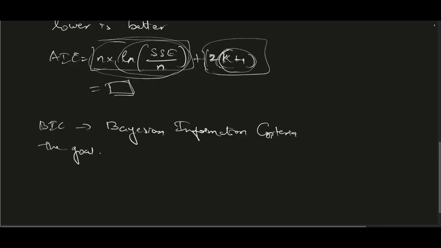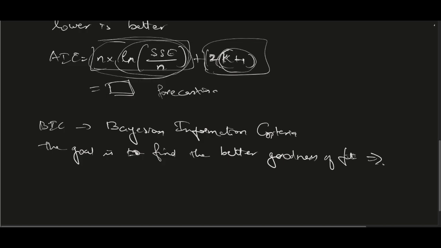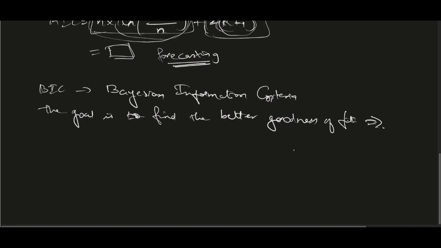So goodness of fit is about the present, whether the model is fitting properly or not. Whereas AIC is about forecasting, whether it will forecast better or not, and BIC is whether the model is fitting correctly now or not.